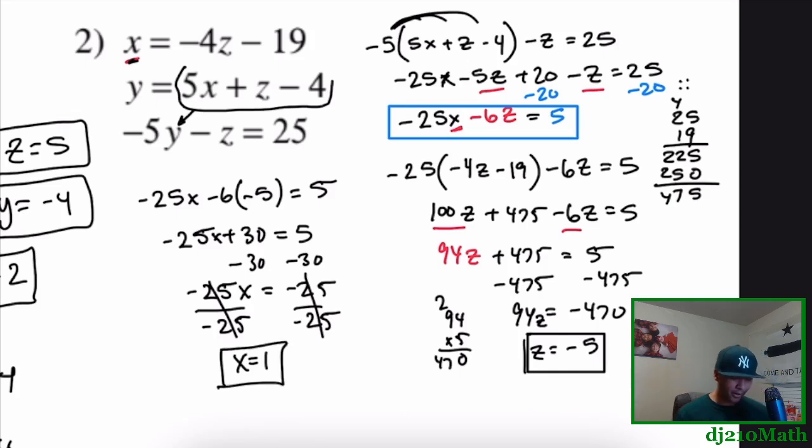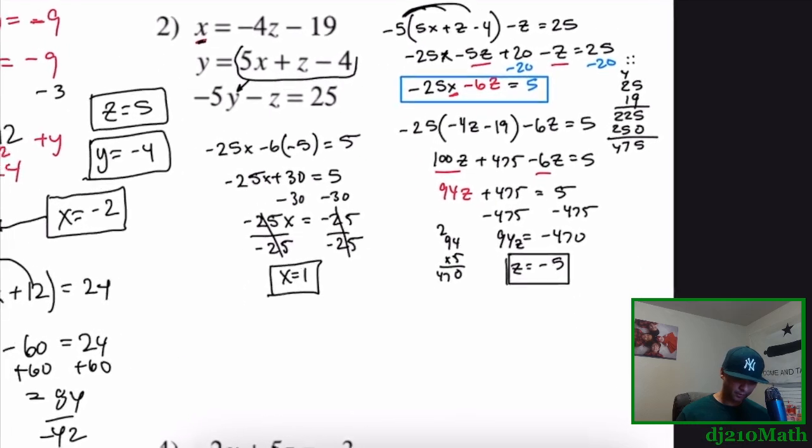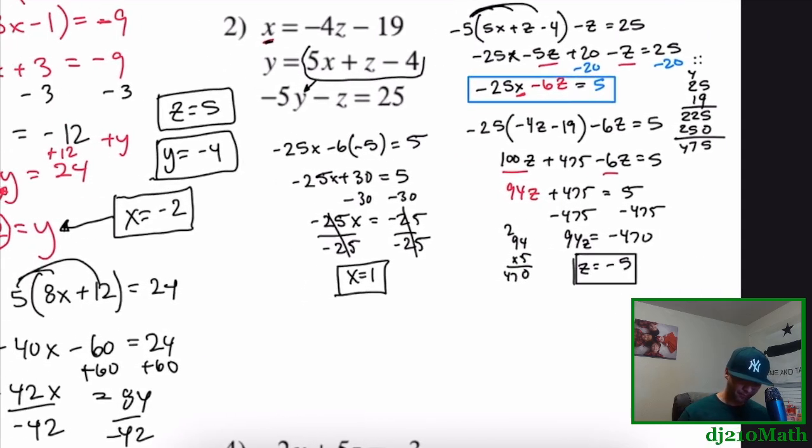So now we need a y value. Since z is negative 5, we can plug it into the bottom equation. So this is going to be negative 5y minus z, which is negative 5, equals 25.